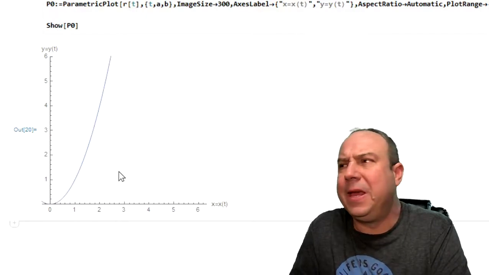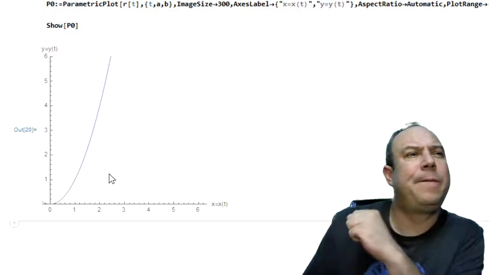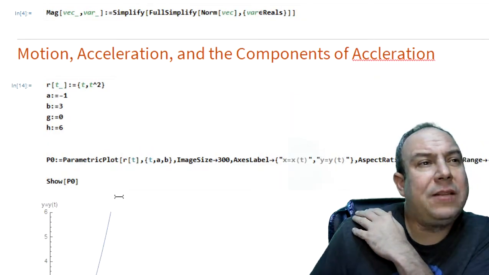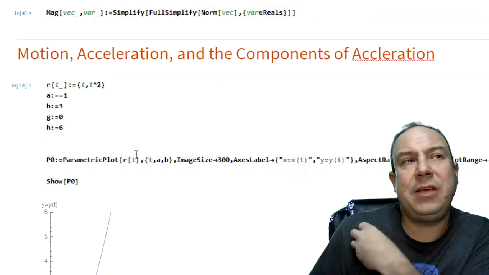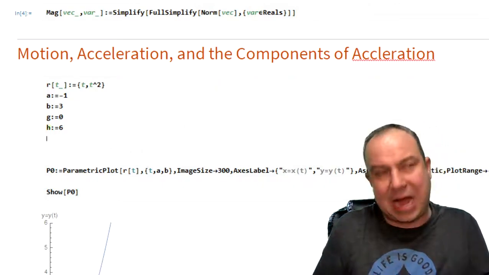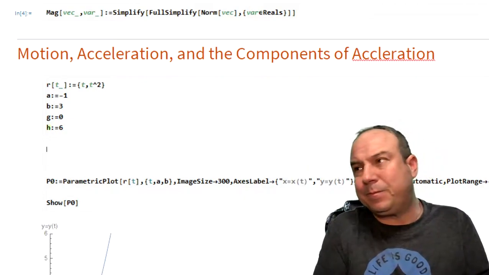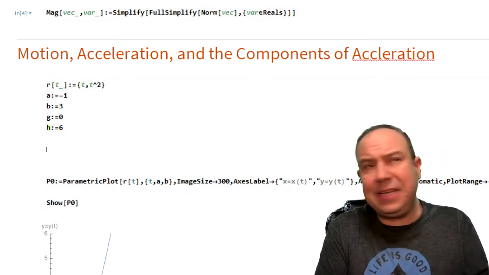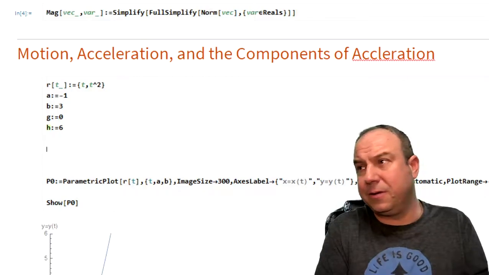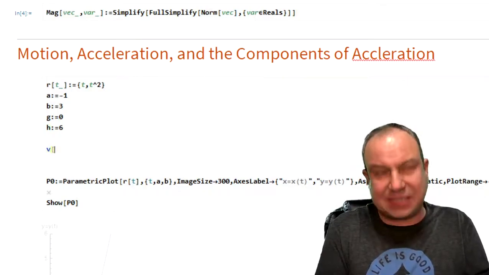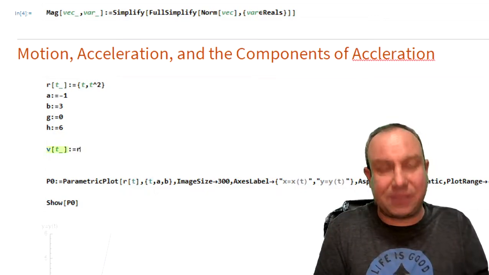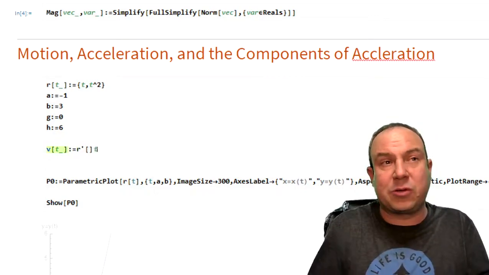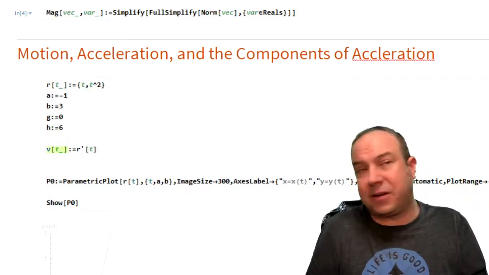All right. If I want to go a little further, we're going to look at acceleration. So what we might be interested in is preparing our velocity vector. Our velocity vector is going to be v of t, and how do we find it? It is the first derivative of our position vector.